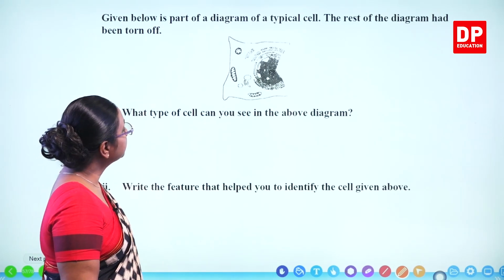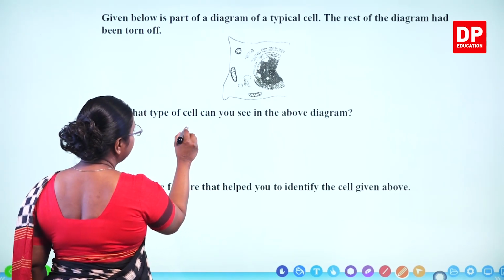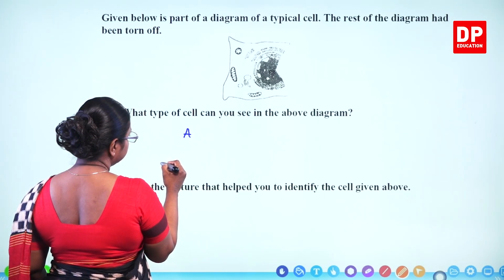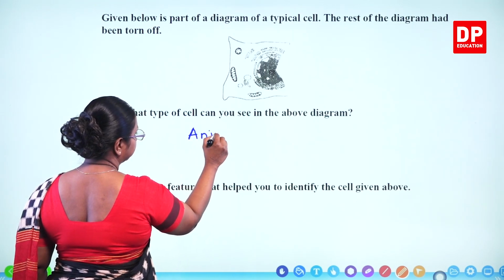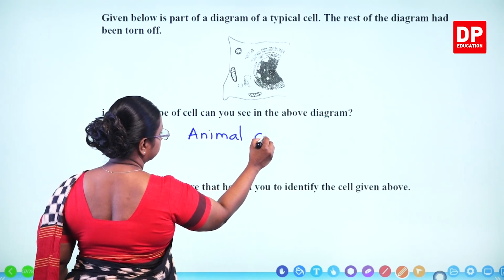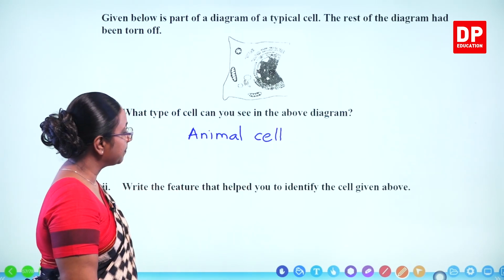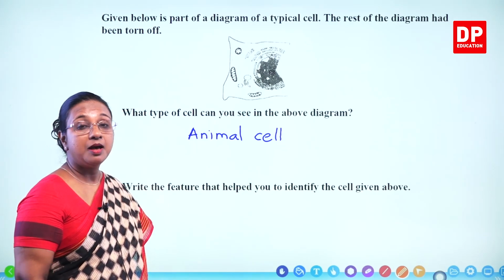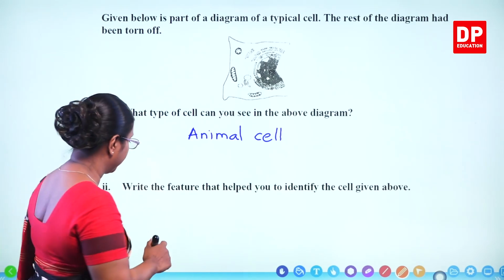So what type of cell can you see in the above diagram? It is an animal cell. Write the feature that helped you to identify the cell given above. Presence of only the cell membrane.